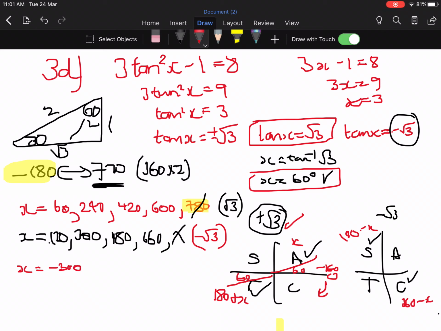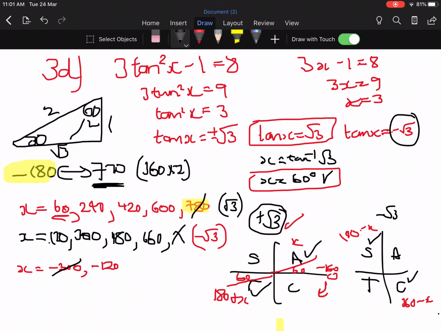But that's outside of the range. So what do I have to do? I have to add 180 to it. So if I add 180, I'm going to get negative 120. And then if I add 180 to that, what am I going to end up with? 60. So it all goes in a line. So this one, I don't need because it's outside the range.